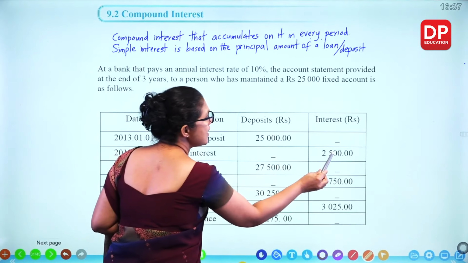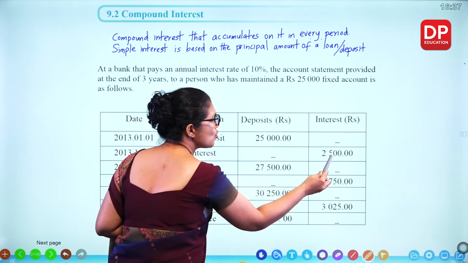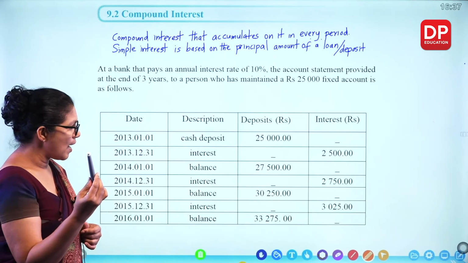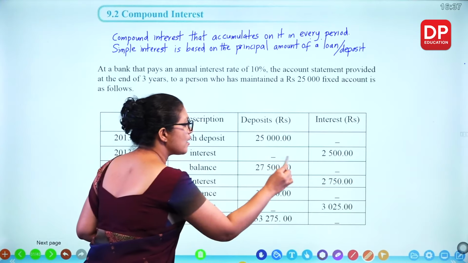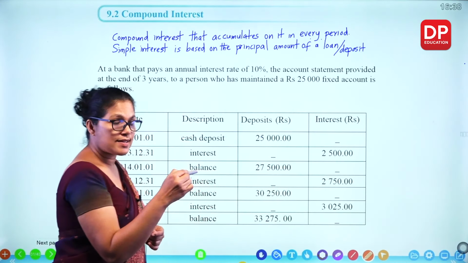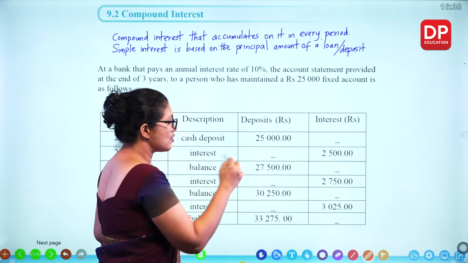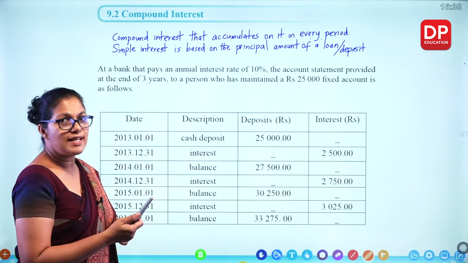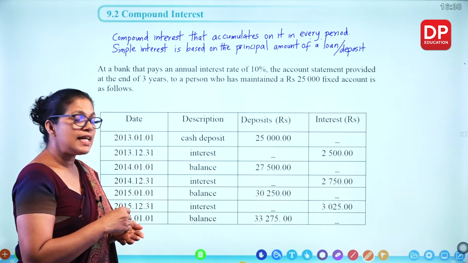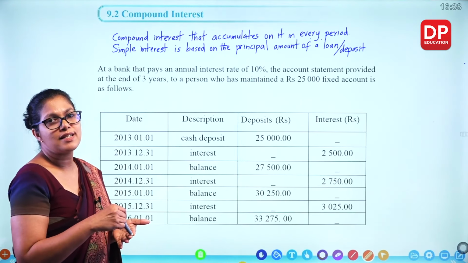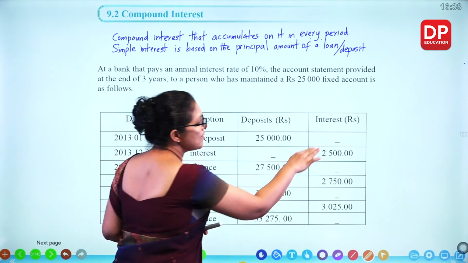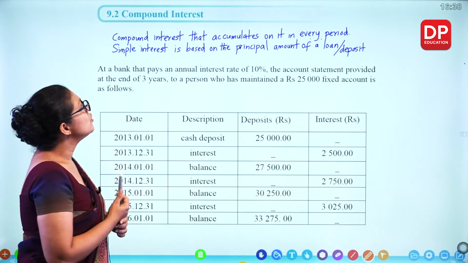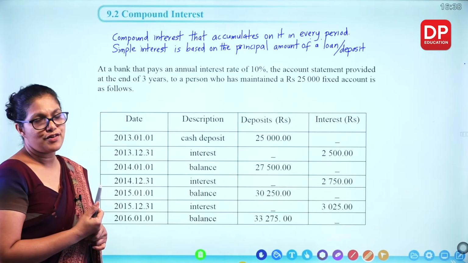The balance is 25,000 plus 2,500. Now the new balance is 27,500. So we are calculating the interest on this balance. So the interest is increasing. We are calculating interest on interest. That's why the balance is accumulating. We call that compound interest.